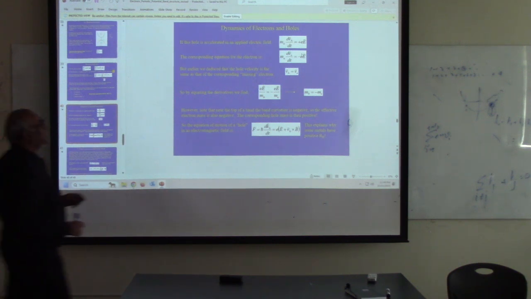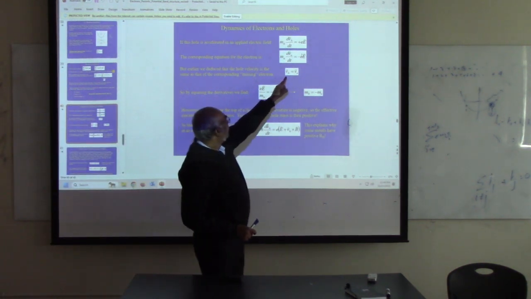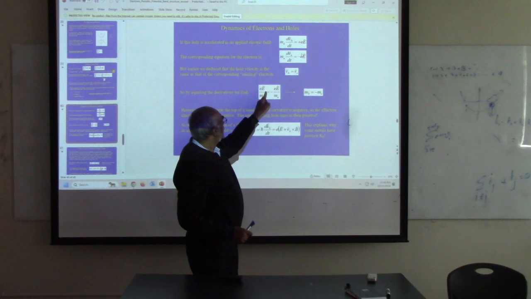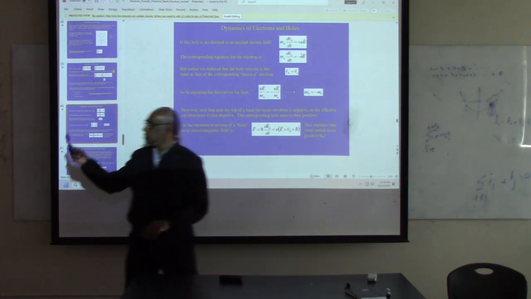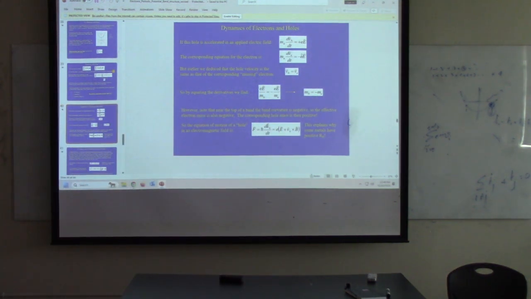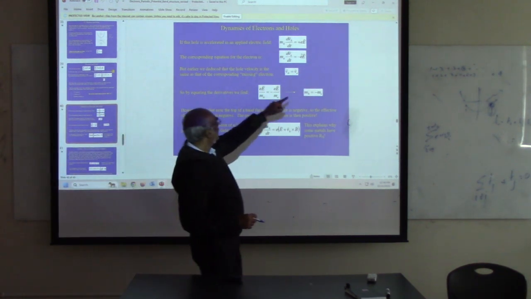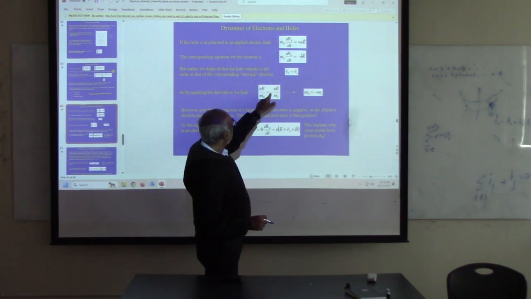So that means, using this one, velocity means dE over dk, right? We know for this side your slope is negative, and this side your slope was positive. If you take the derivative, you can show that it is negative.